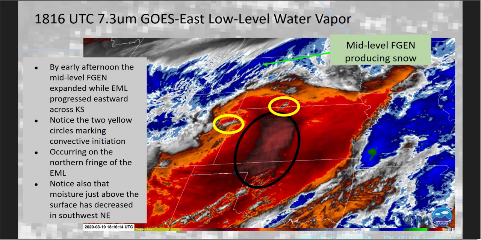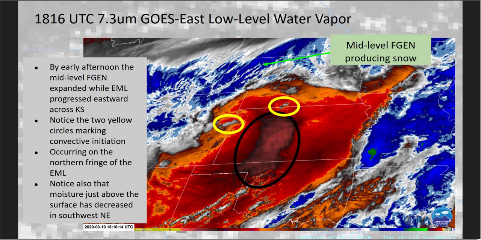But also notice in far southwest Nebraska, I don't know if you can see my mouse here at all, where the red colors are, it looks like low-level moisture. At least the interpretation of that would be that you're seeing further down into the atmosphere, and possibly a drier signature indicated there.